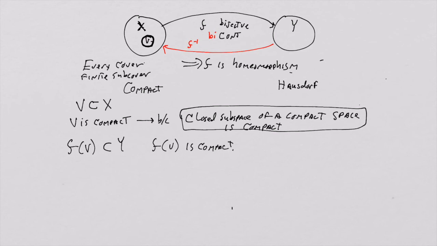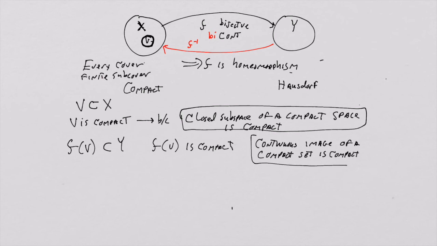And why is that? That's because the continuous image of a compact set is compact.